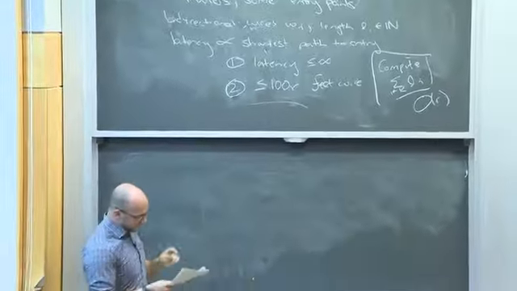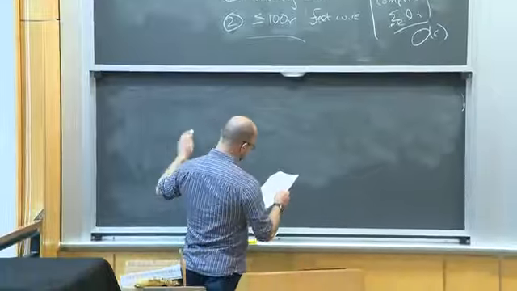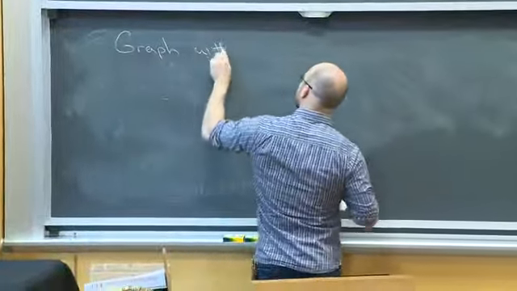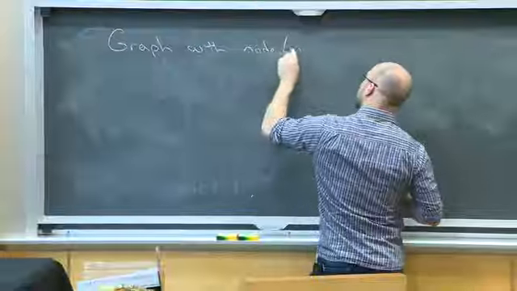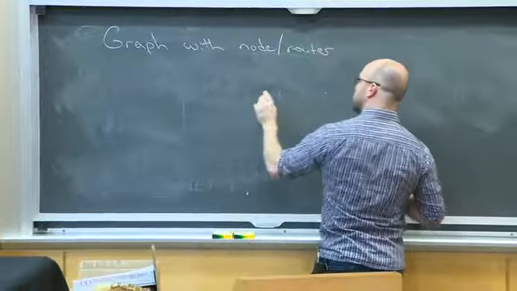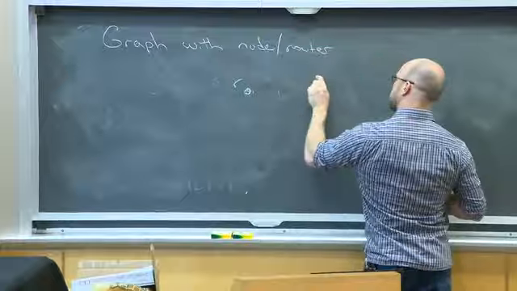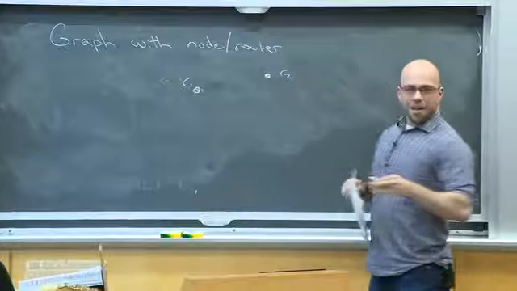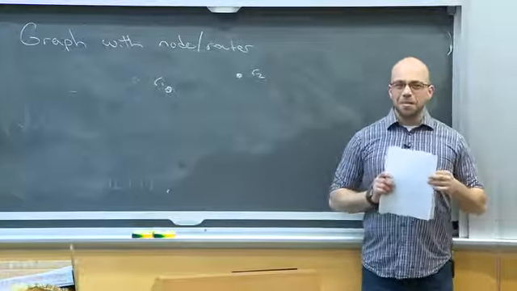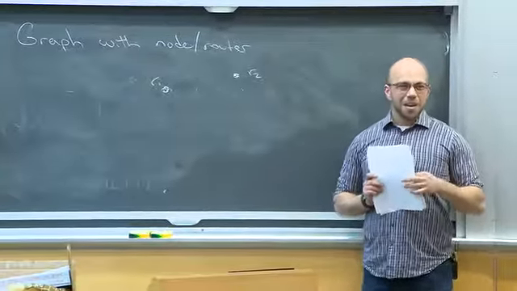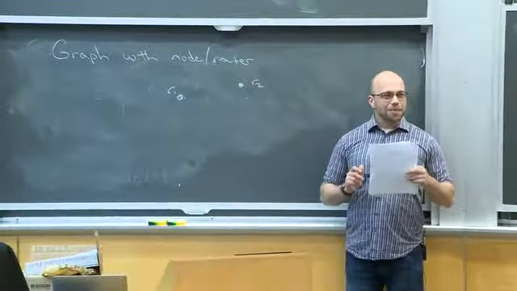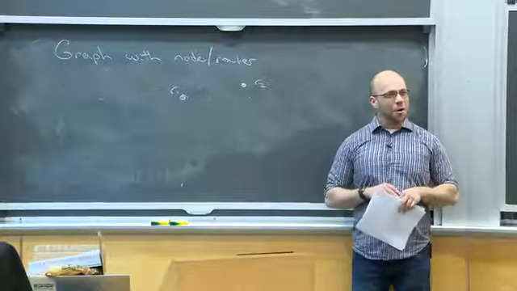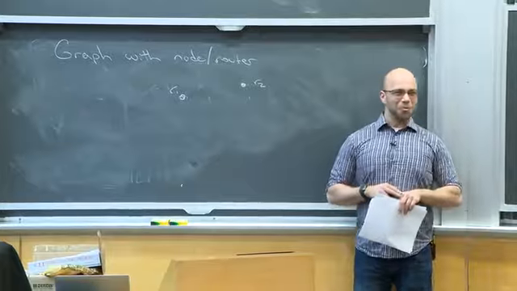OK, so in particular, I'm going to make a graph with a node per router. So maybe here's a router, there's another router, router 1 and router 2. But since I want to use the linear-time advantages of breadth-first search when I'm computing distances, I can be a little bit sneaky about this, which is to say, instead of having 10 feet of wire, I'm going to have 10 1-foot wires.